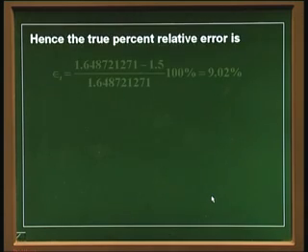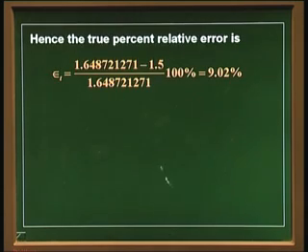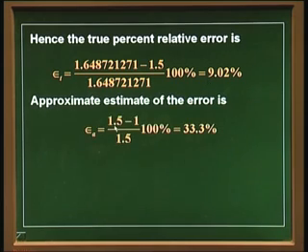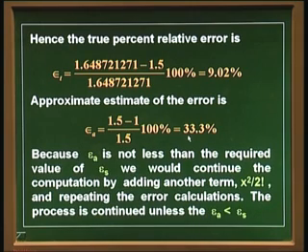So for the first term, the true error is 1.648 minus 1.5 divided by 1.648 into 100, which is 9%, while my approximate error was 1.5 minus 1 by 1.5, which is 33%. So we go to the next term in the series, etc., till this error goes to 0.05%, which is the error we can tolerate.